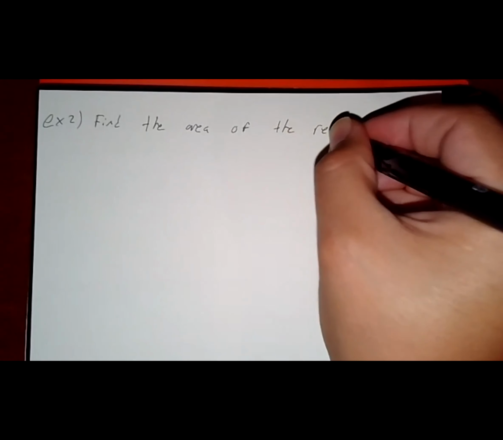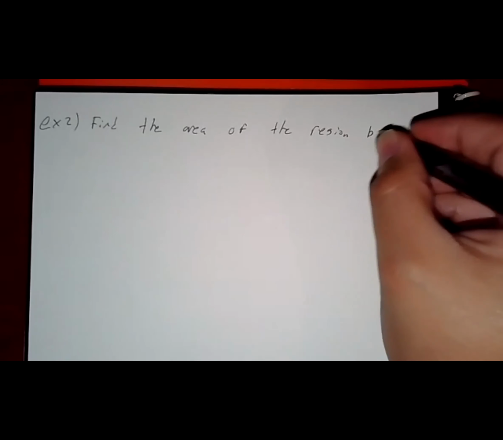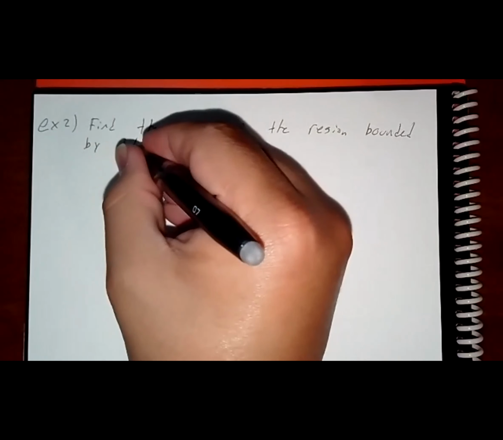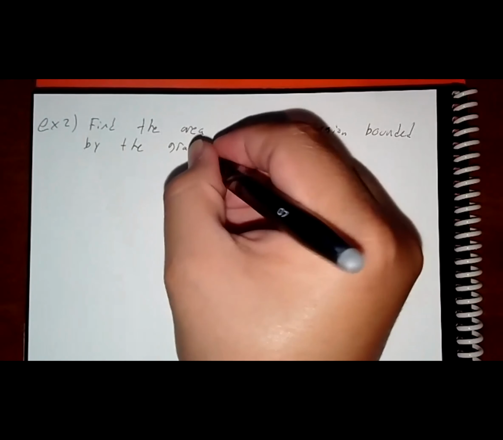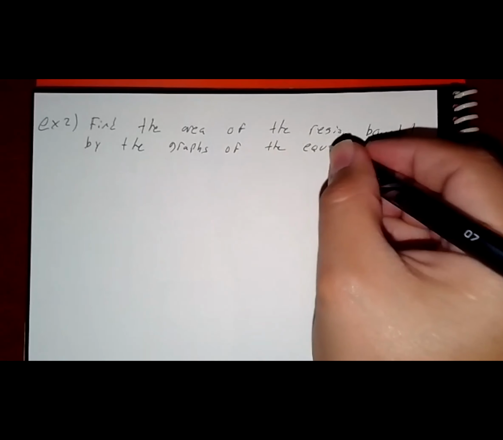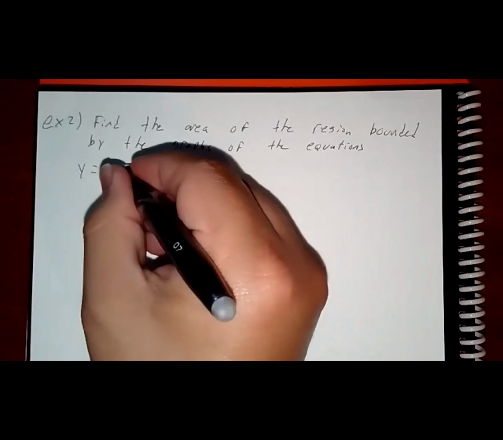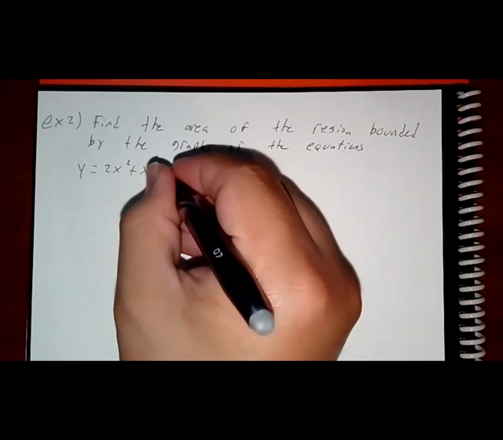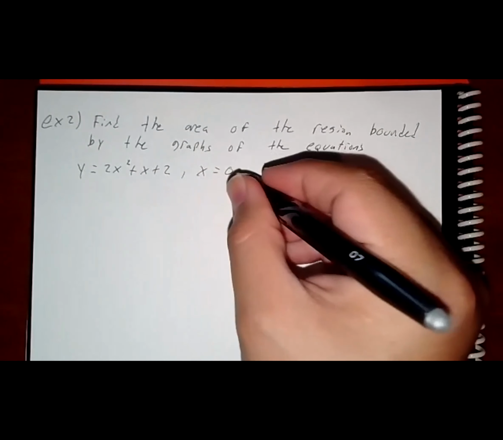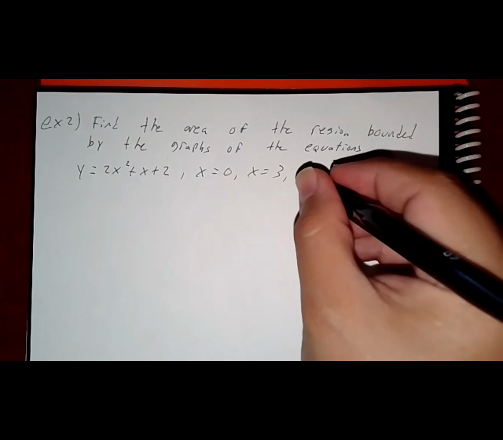of the region bounded by the graphs of the equations y equals 2x squared plus x plus 2, x equals 0, x equals 3, y equals 0.